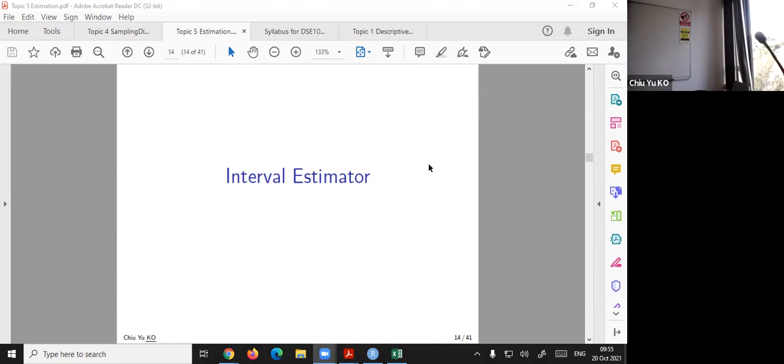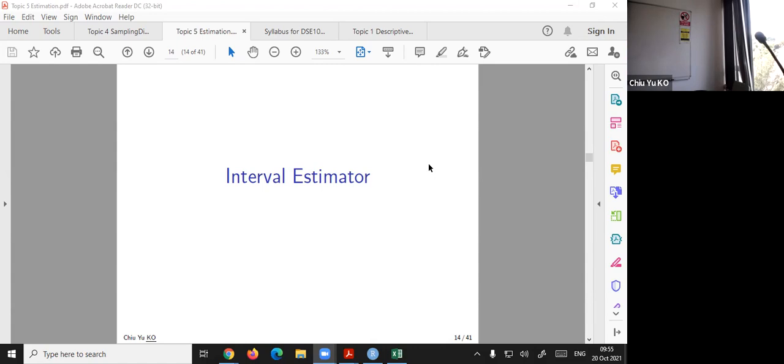Now this set of slides is called interval estimator. What we want to do is, instead of giving a single number, give a set of numbers. Instead of guessing one single number, we guess a range.